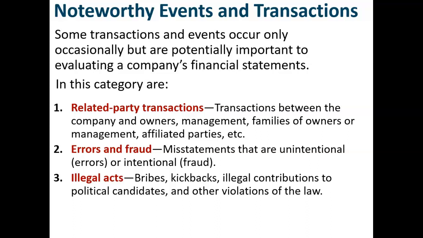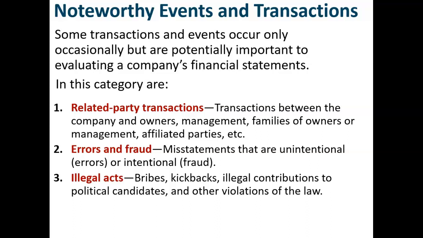Less frequent events are errors and fraud. The distinction between these two terms is that errors are unintentional, while fraud is intentional misappropriation of assets or incorrect financial reporting. Errors and fraud may require disclosure, such as assets lost through either errors or fraud.